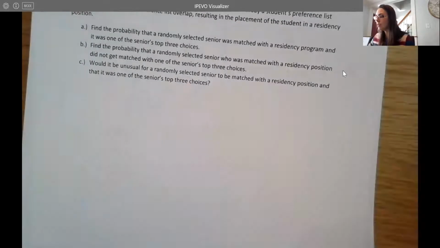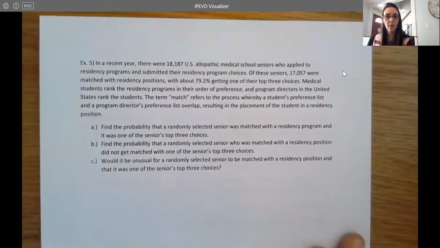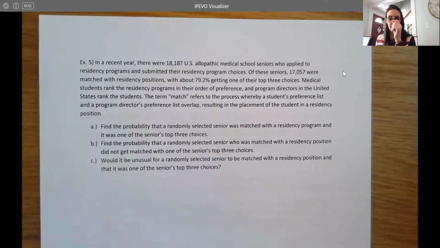All right, let's look at one more set of examples here. In a recent year, there were 18,187 U.S. allopathic medical school seniors who applied to residency programs and submitted their residency program choices.